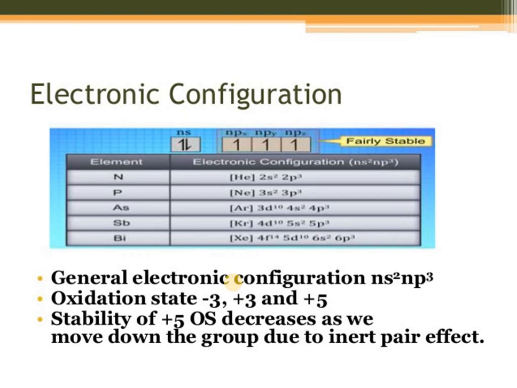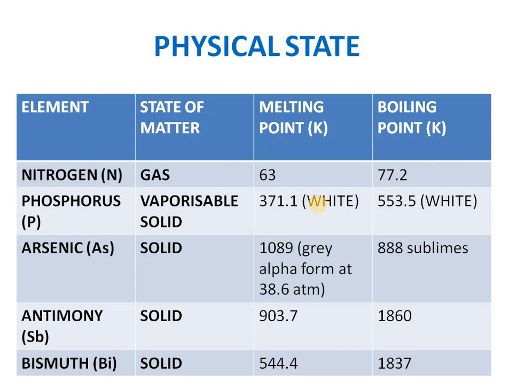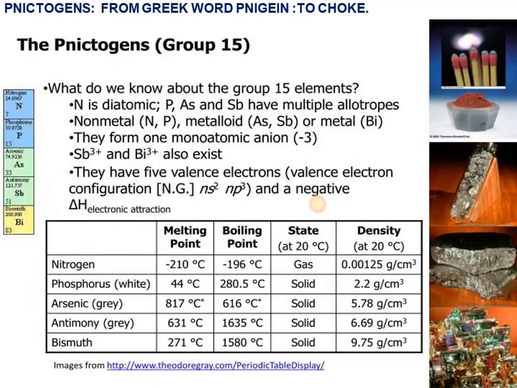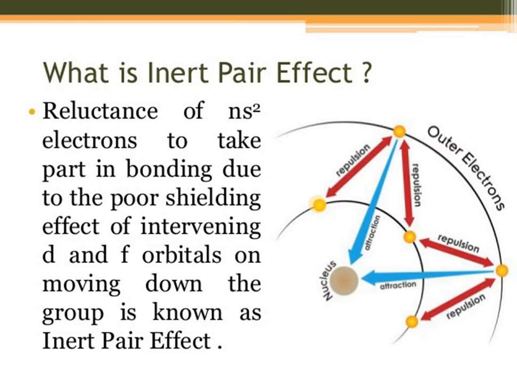So what basically is inert pair effect? We can discuss now. Reluctance of ns2 electrons to take part in bonding due to poor shielding effect of intervening d and f orbitals, means inner orbitals d and f, (n-1), (n-2), on moving down the group is known as inert pair effect.